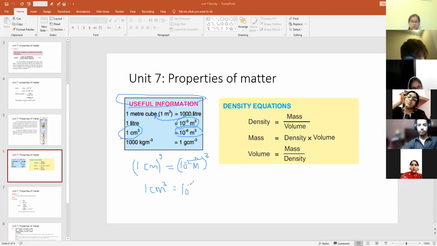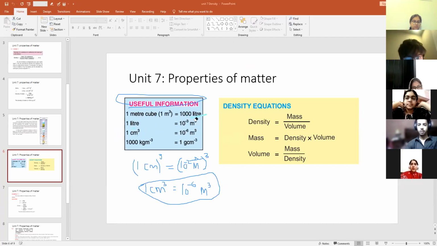So it is 10 to the power minus 6, and the meter will be cubed. In this way, we can say that 1 centimeter cube is equal to 10 raised to power minus 6 meter cube. So we can easily write directly that 1 centimeter cube is equal to 10 raised to power minus 6 meter cube.